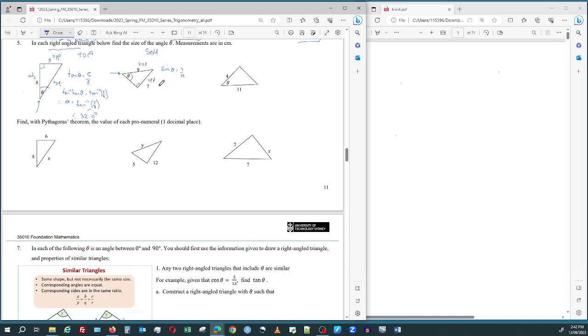Now taking the inverse of the sine, or the arcsine, what you do to one side, you do to the other. So theta will be equal to the arcsine of 7 over 9. We put 7 over 9 in the calculator, and we'll get 51.1 degrees after rounding.